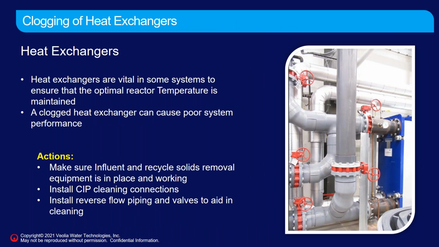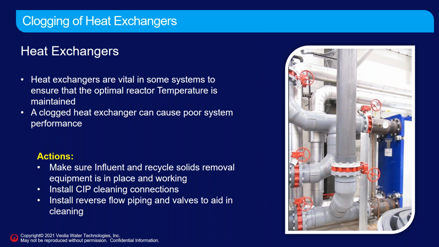Next, clogging of heat exchangers. Whether you have a heat exchanger or not, they are vital to ensure the optimal reactor temperature. And if they're starting to clog, you're going to get less temperature or not enough temperature.